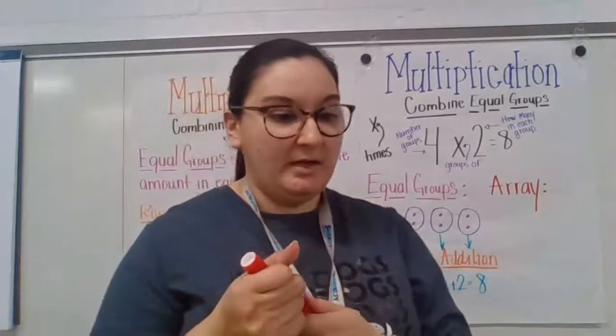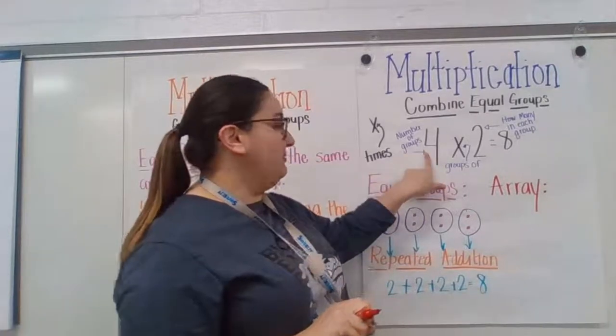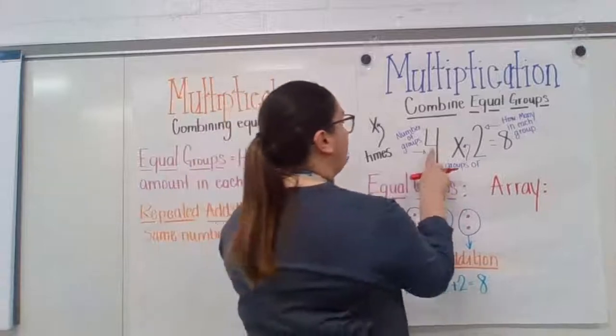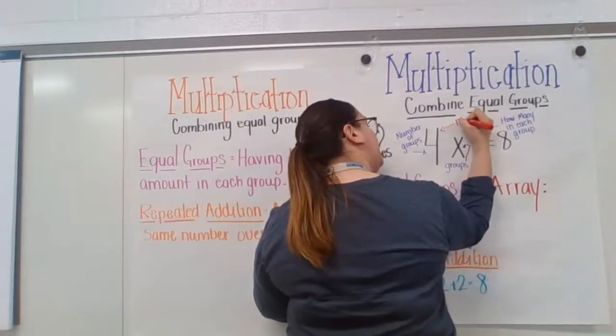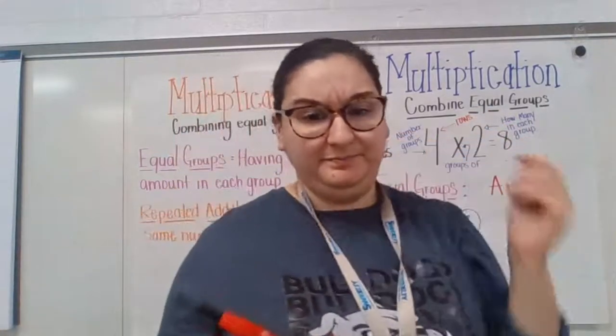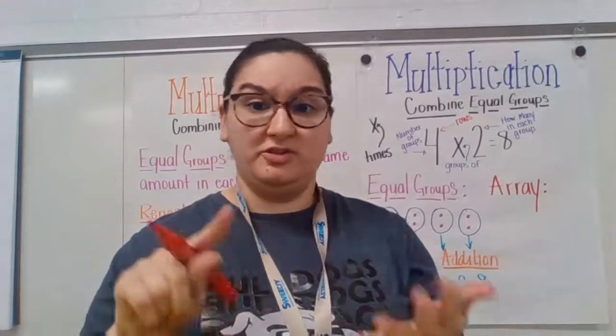The 4 tells us the number of groups. That's going to tell us how many rows. So the 4 can also tell us rows. And guys, when we do arrays, you can draw pictures, you can draw whatever.